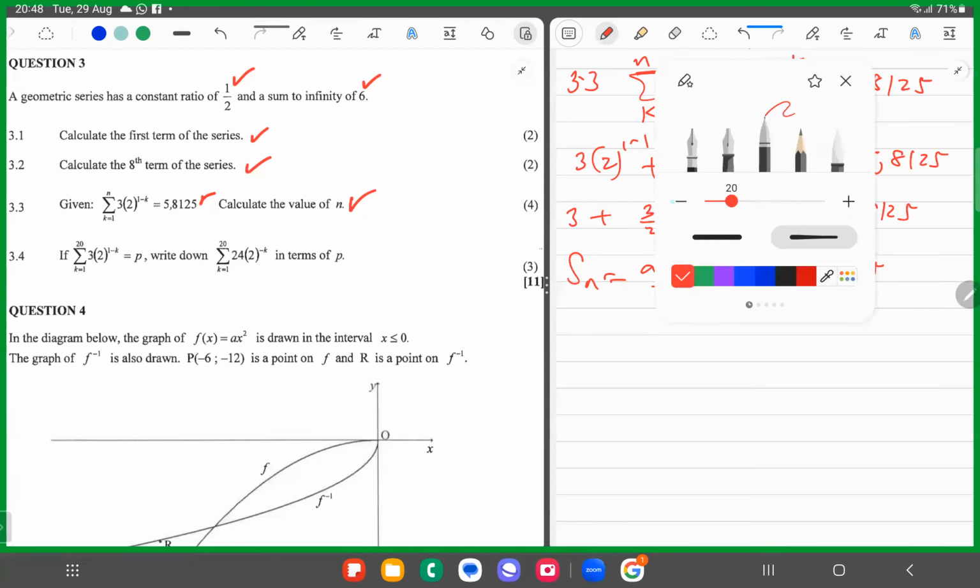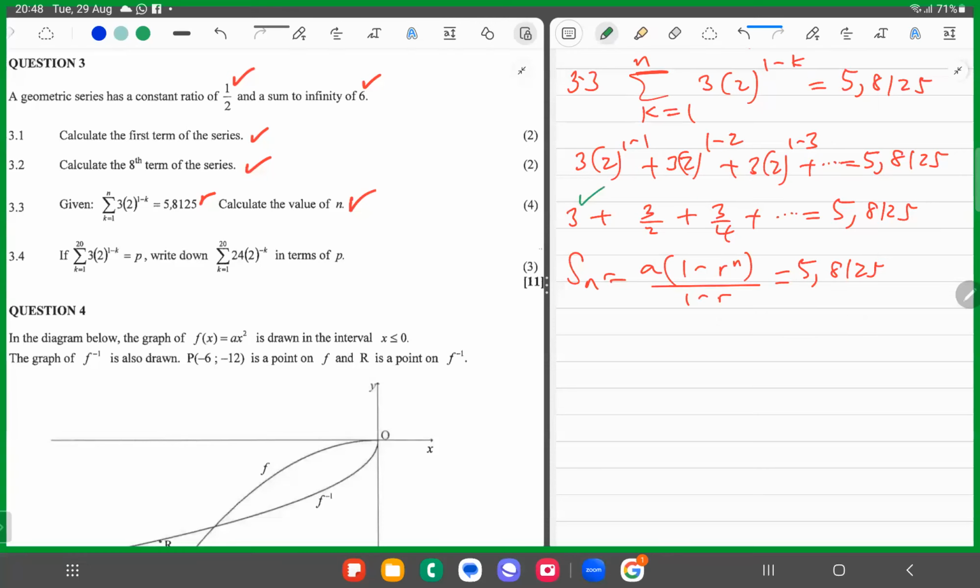Well, the first term can be clearly seen in the original. So the first term is 3 into 1 minus, right, what is the common ratio? So the common ratio is 1/2, and you raise it to the power n divided by 1 minus 1/2, which is 5.8125.